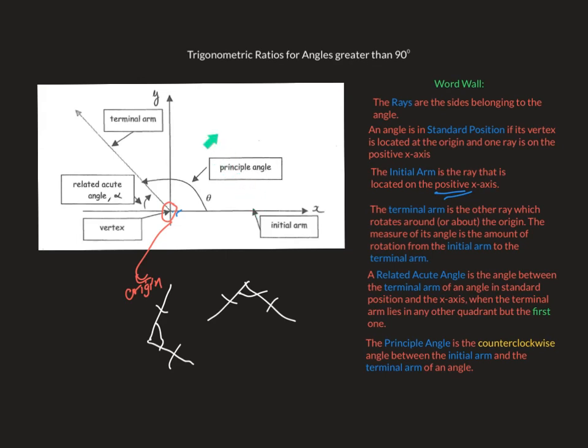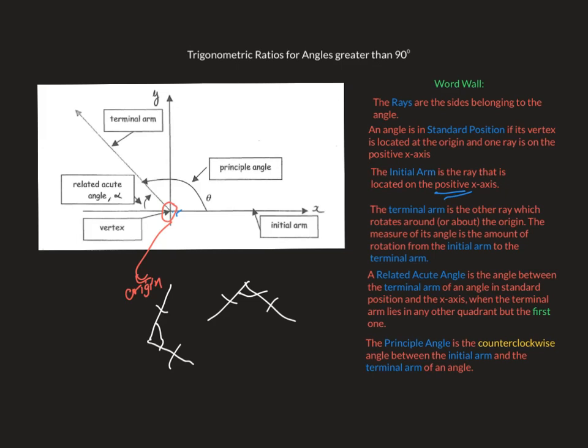But when your arm goes in any other quadrant, so here or here or here, you would have what they call the related acute angle, which is the angle between your line and the x-axis of that quadrant.